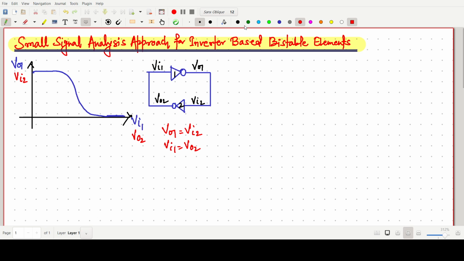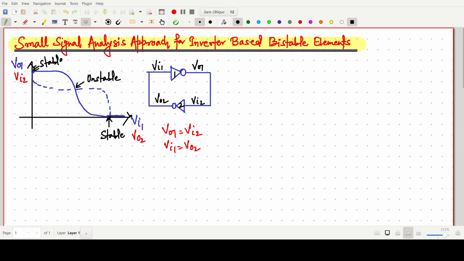If we plot the other one, it will go like this, that we discussed in the last video lecture. So this point is our unstable point, and this point we can say is stable. In the last video lecture we have covered this.